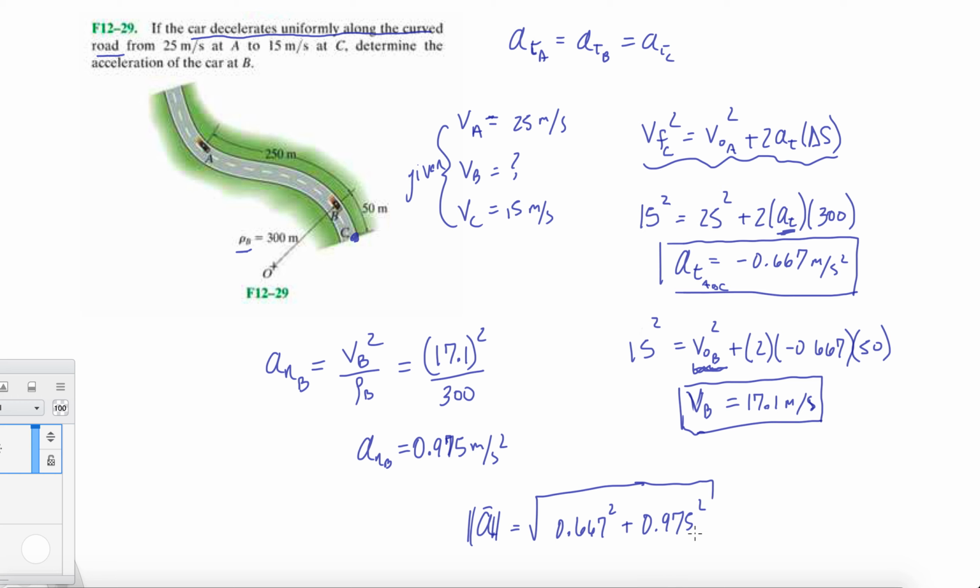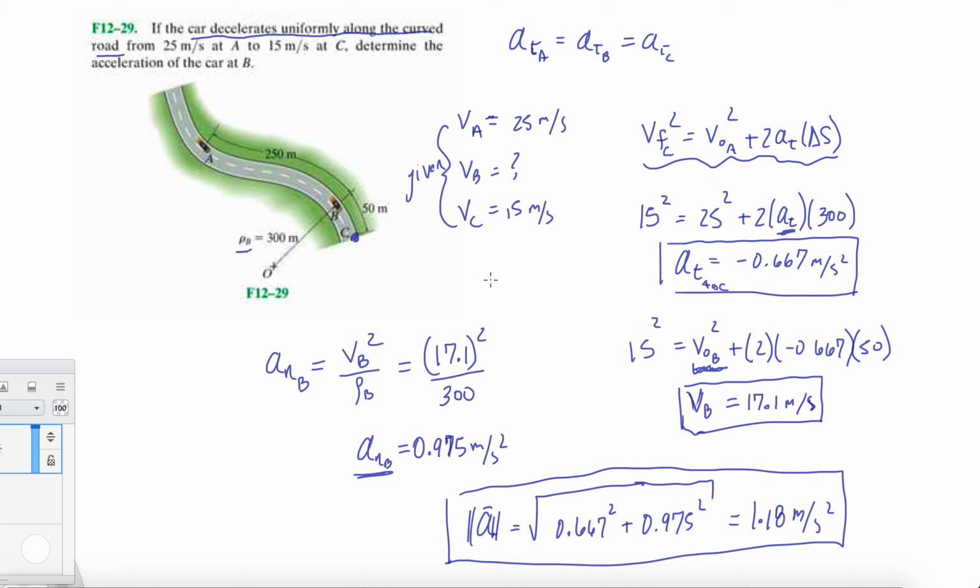So 0.667 squared plus 0.975 squared, your tangential acceleration squared plus normal acceleration squared, gives 1.18 meters per second squared. Okay, and then you're done. And then you have your acceleration at point B.